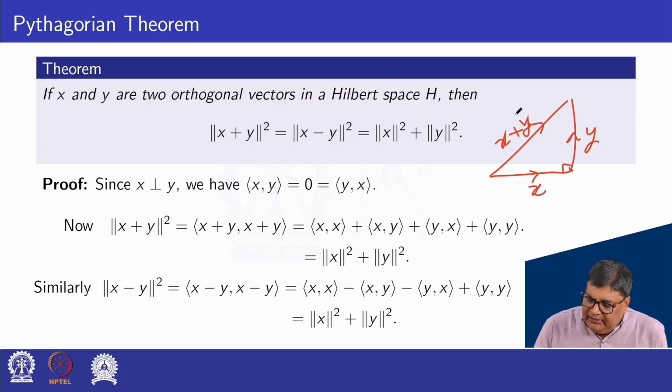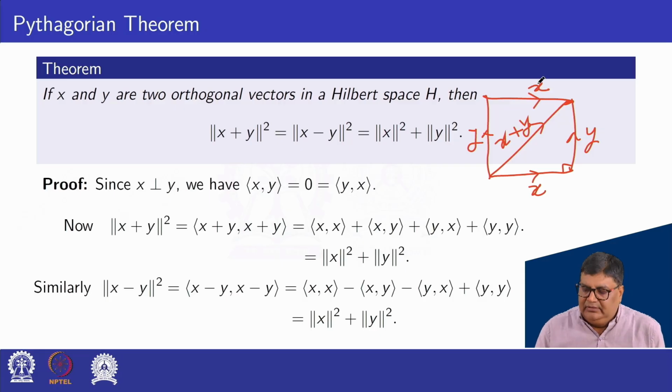Similarly, corresponding to the vector y, this is vector y, and corresponding to this is vector x. So this one is vector x plus y, and this is y and this is x.